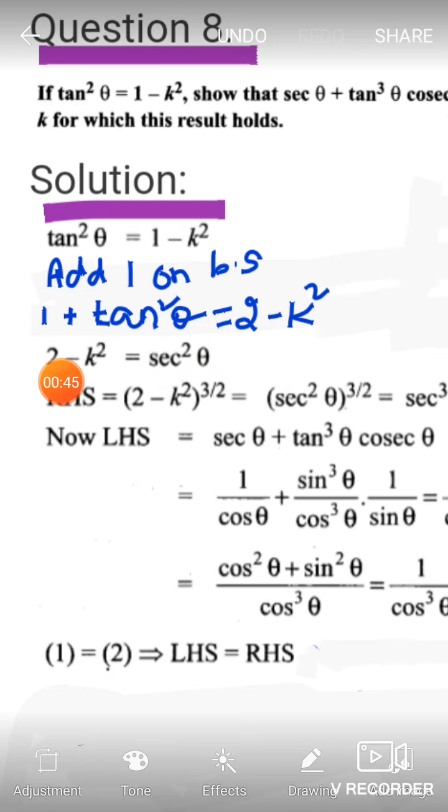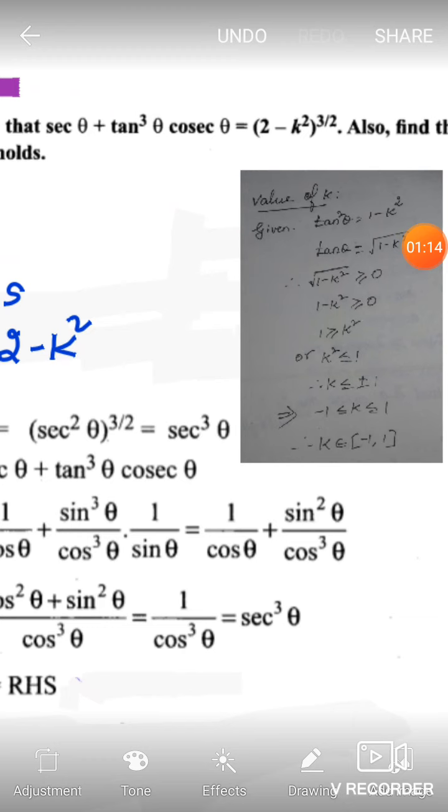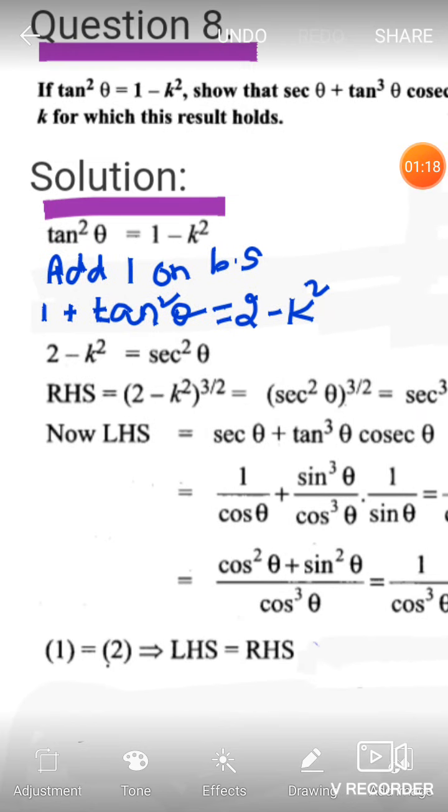So 2 minus k square, and we can write 1 plus tan square theta as secant square theta using the identity, because you know that secant square theta minus tan square theta is equal to 1. Now we have obtained the value of 2 minus k square. Now see here in the power you have 3 by 2. So raise power 3 by 2 on both sides.